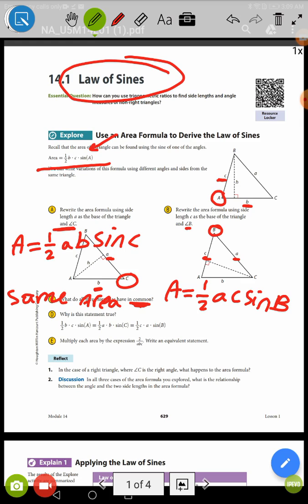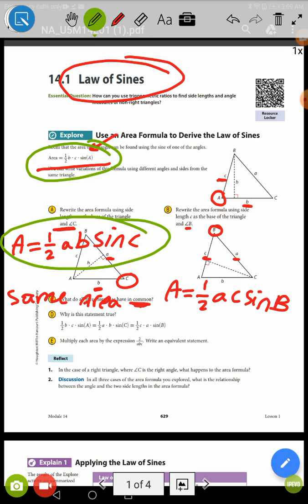I can say that rule equals that one equals that one. All of them are equal to each other, because we are talking about the same area.